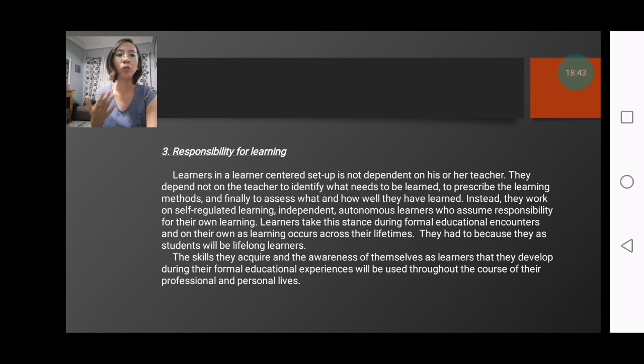So they had to, because they as students will be lifelong learners. That's exactly what I'm trying to point.